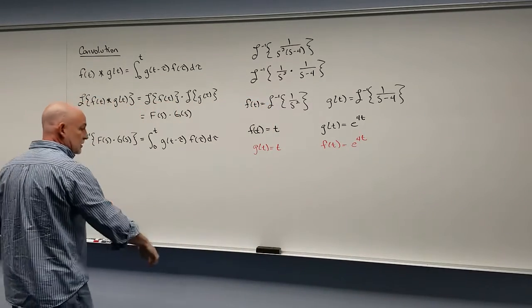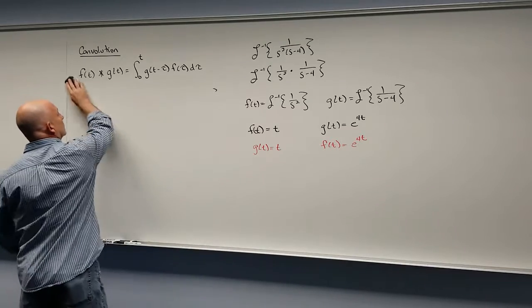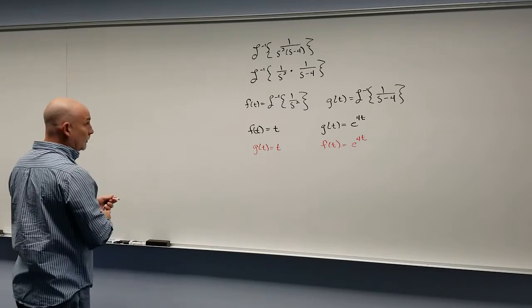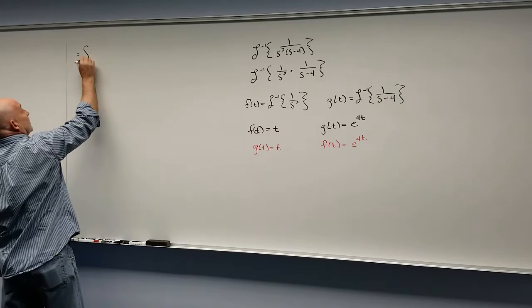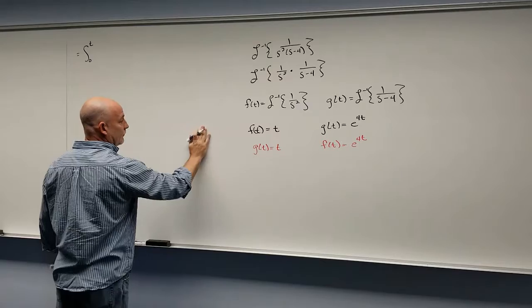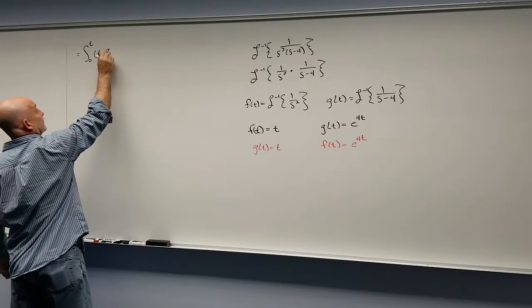All right, just to give me some room, I'm going to start back up here. So the inverse Laplace transform of this will be the integral from 0 to t. Now I'm going to go into our function g, and everywhere there's a t, I'm going to put a t minus tau.